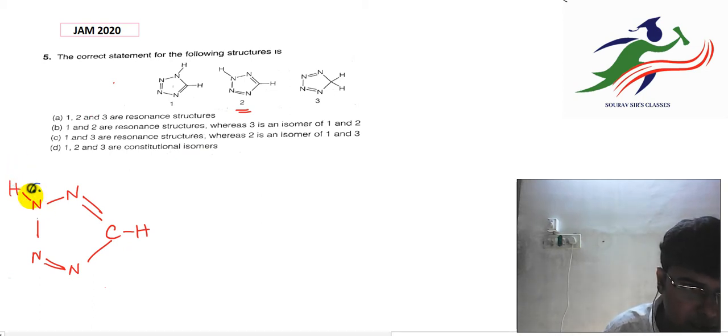This is a lone pair over nitrogen, which is in conjugation with this pi bond and also with this pi bond. So let's draw both of them. First, this one.